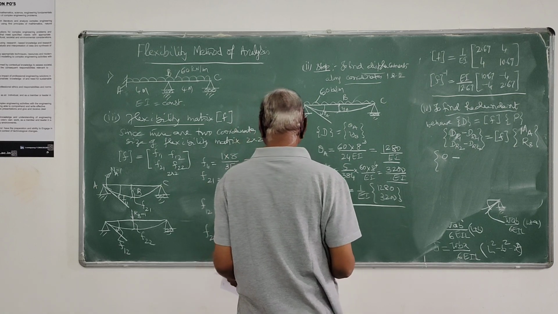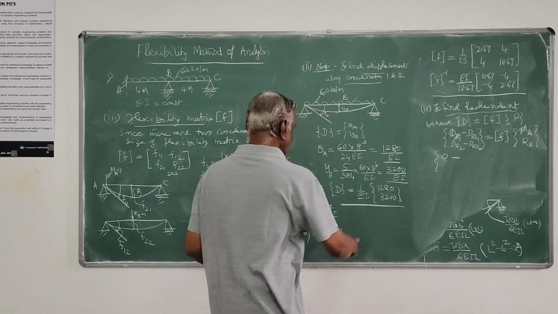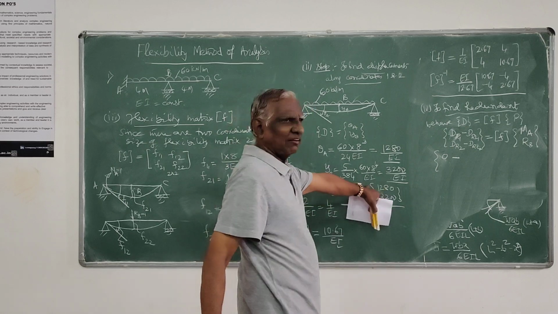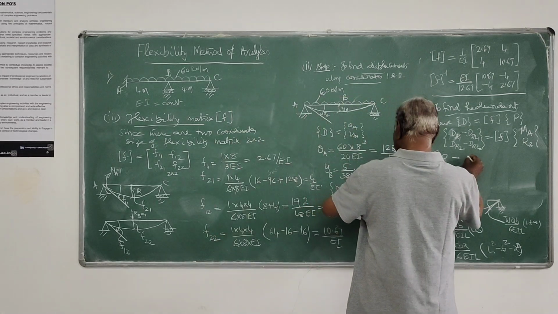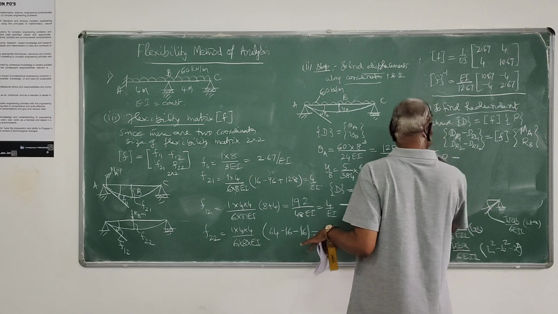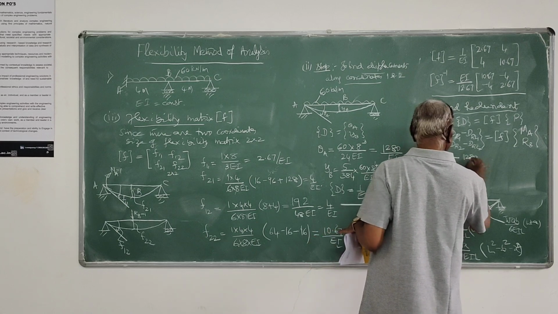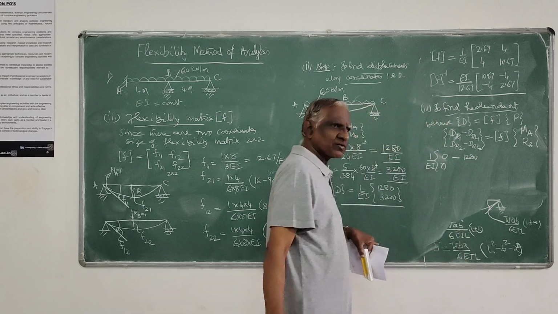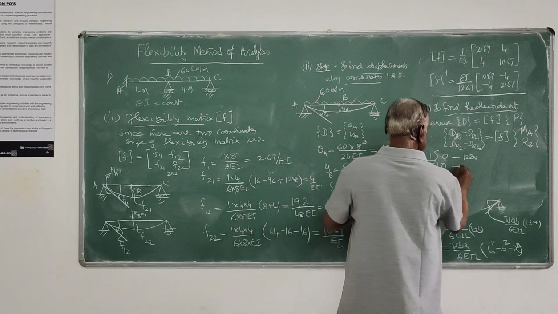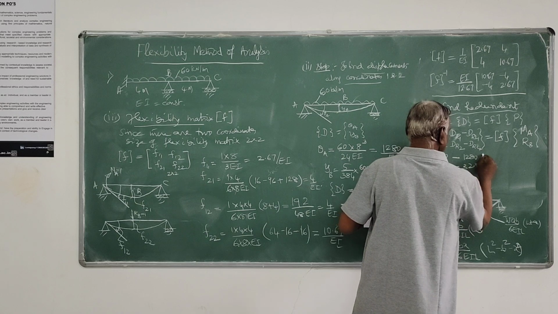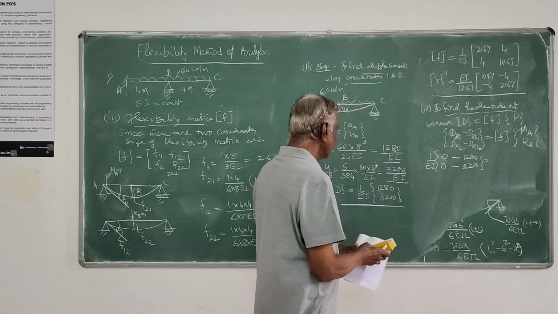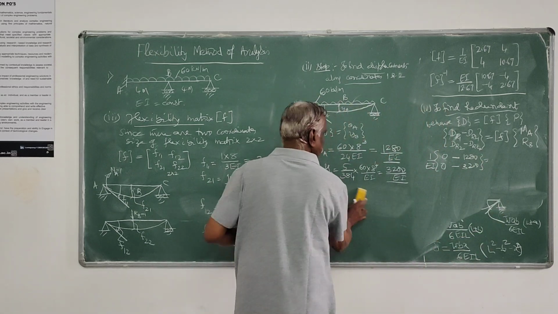DRL1, DRL2, here it is: 1280, that is 1 over EI. Here DRL2 is also 0 minus 3200.